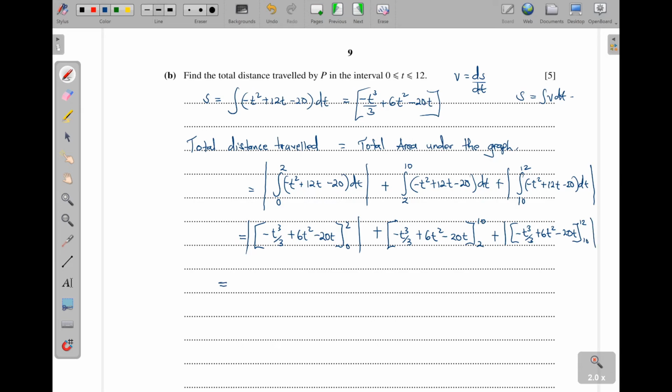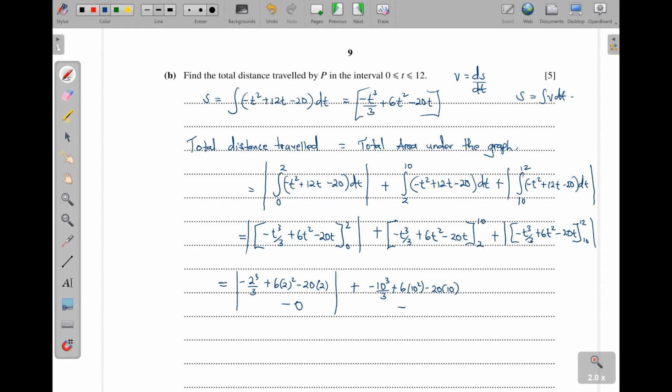So we are going to put negative 2 cubed over 3, plus 6 times 2 squared minus 20 times 2. Of course, we shall subtract 0, because wherever there is t, it just goes. Then plus, put 10. So negative 10 cubed over 3 plus 6 times 10 squared, then minus 20 times 10.